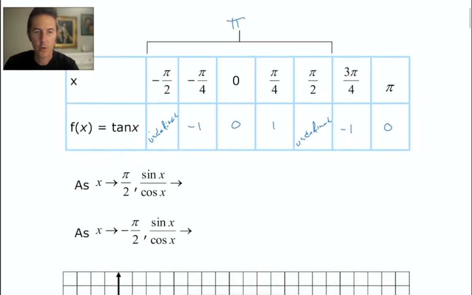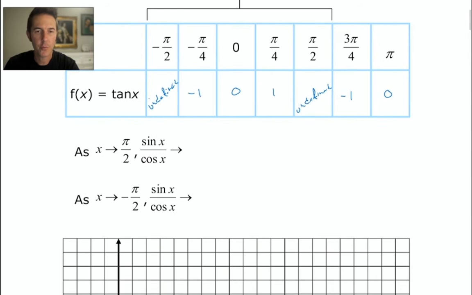All right, so as x gets closer and closer to positive pi over 2, tangent, or sine over cosine, the y values start moving toward positive infinity. So again, that's as our x values are getting really close to pi over 2 from the left.